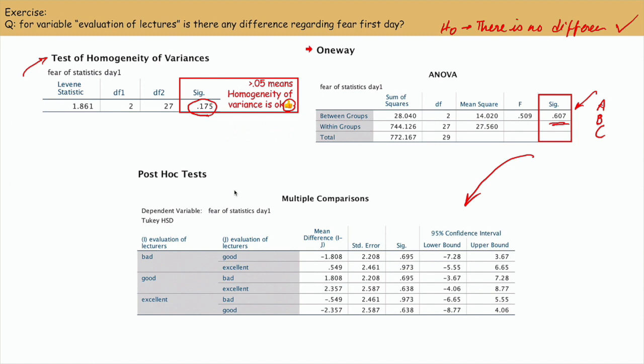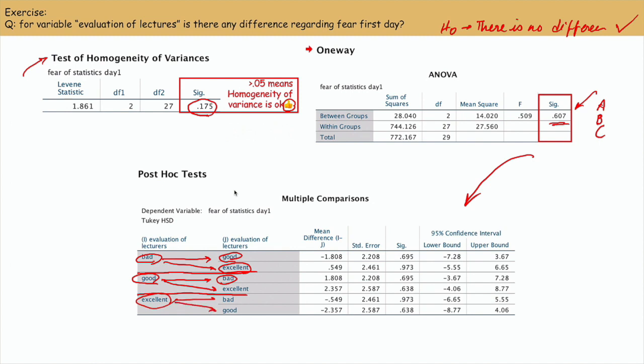as an example, you can see that there are three levels for this categorical question: bad, good, and excellent. And here we have three parts. First, we compare bad with good and excellent. Then good with bad and excellent, and excellent with bad and good.